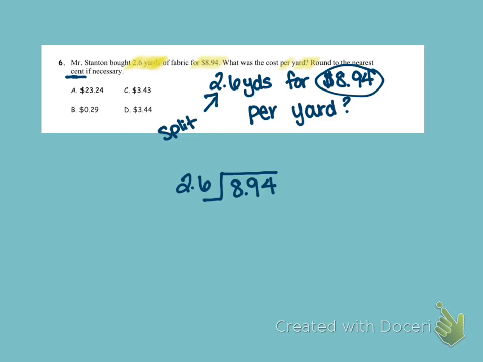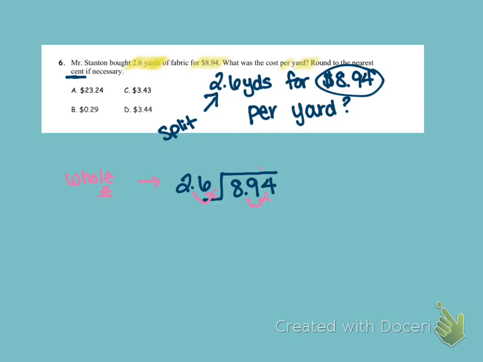Okay, so for moving the decimal, remember we want to make this divisor a whole number. So in order to do that, we're going to take it from a 2.6 to a 26 by moving the decimal once. What we do to the divisor, we also have to do the dividend. We're not making the dividend a whole number.